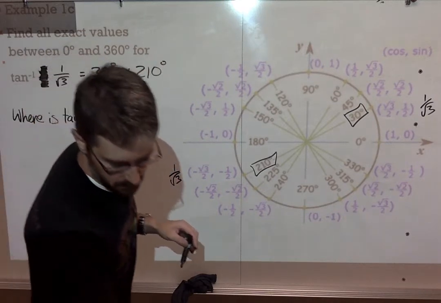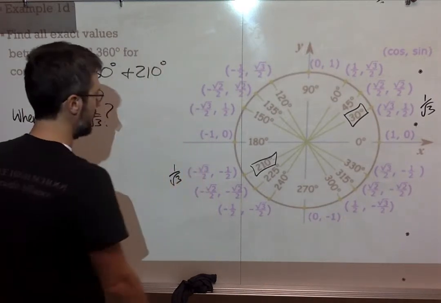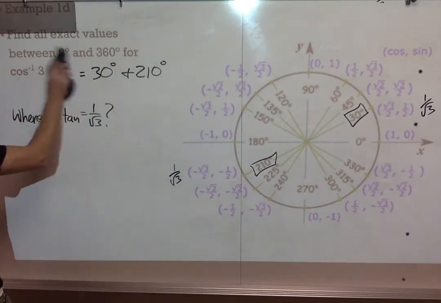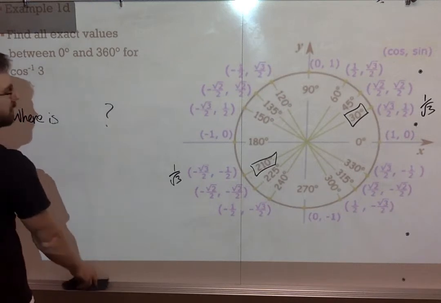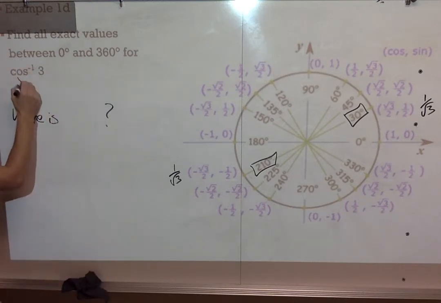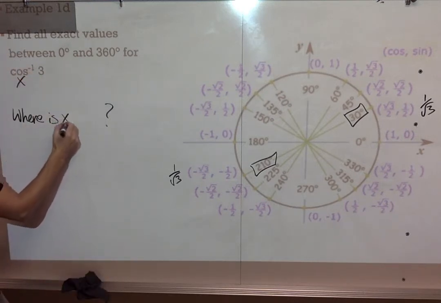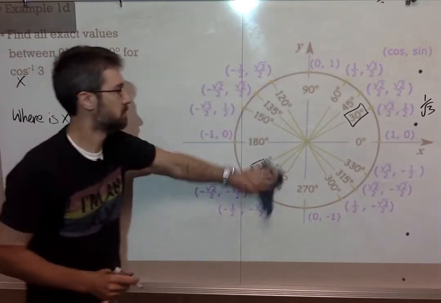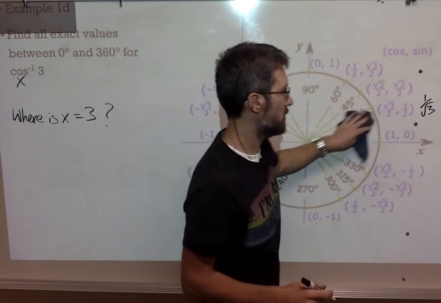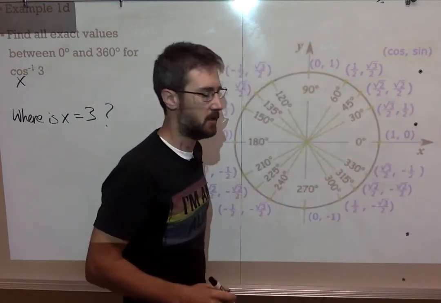All right, next one. Cosine inverse of 3. Now cosine, again, is the x value, so we're asking where is x equal to 3 on the unit circle? Well, does x equal 3 ever on the unit circle?